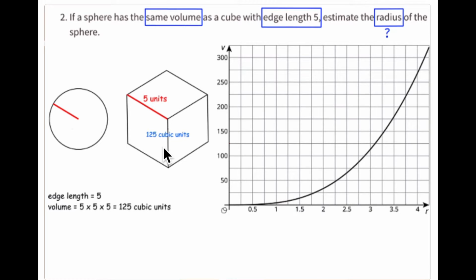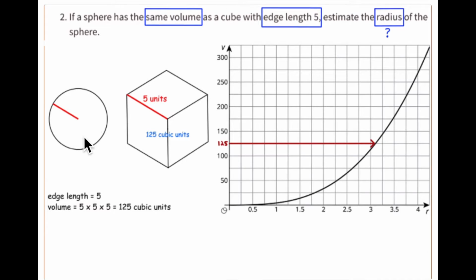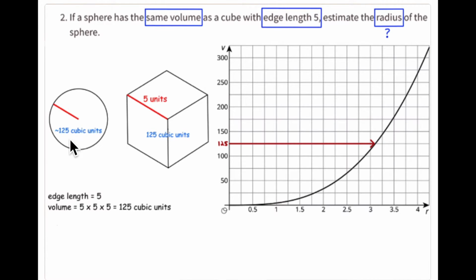So now we know that the volume of the cube is 125 cubic units, and we can use that to figure out what the radius of the sphere is, because the volume of the sphere is given as 125 cubic units.